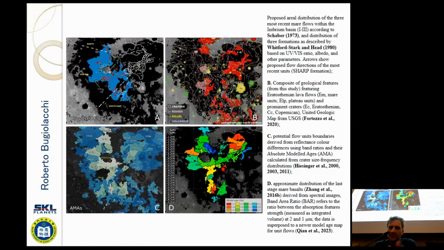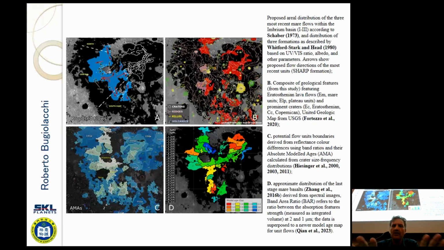probably from 1973. Then Procellarum was mapped, the Mare flows from Whitford-Stark and Head, and so on and so forth. And then the other versions are very familiar. Of course, there is Kissinger's, the C, and I put the latest one, which is the D map, the latest lava flows, from a colleague from China called Xian, from 2023, which based his classifications on a work I collaborated on with Zhang and others.